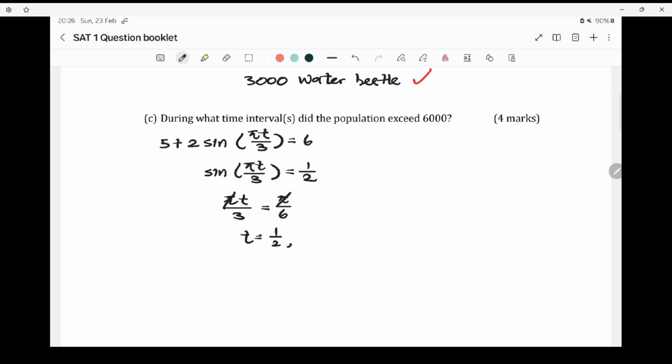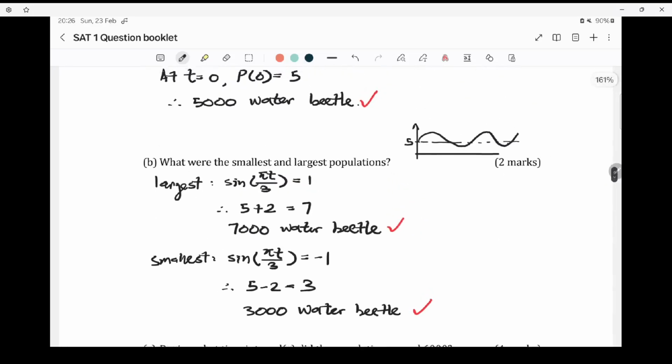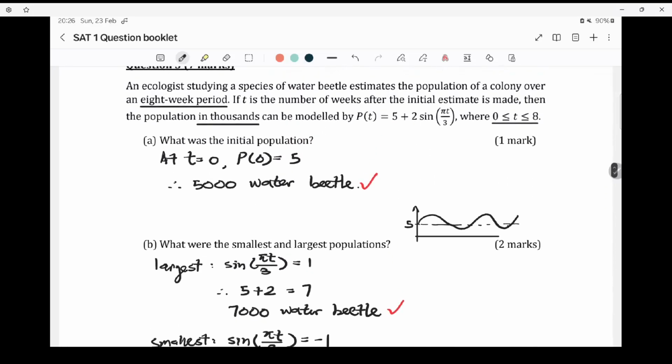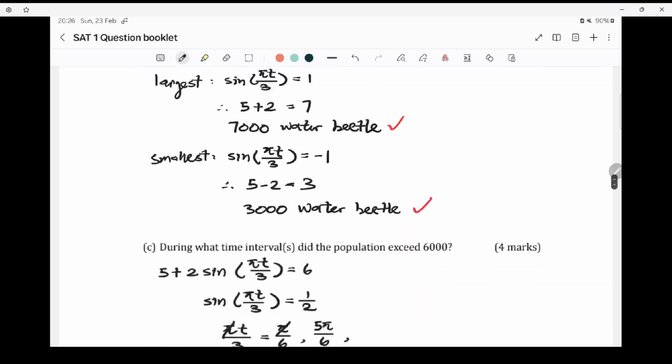So what else? The other interval would be at the second quadrant. So the second quadrant will be at pi, so 5 pi over 6. And then you go back. The reason why you need to go back is because you need to fulfill this particular condition.